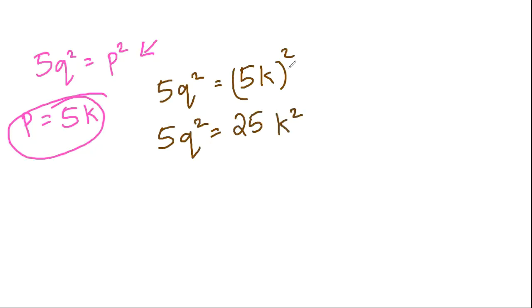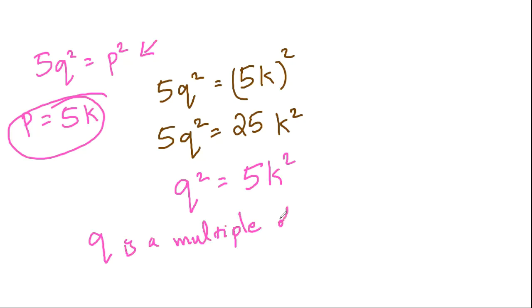Now I can cancel 5 on the LHS as well as the RHS, so that I get q square is equal to 5k square. So q square is 5 times some integer. That means 5 divides q, q is a multiple of 5.